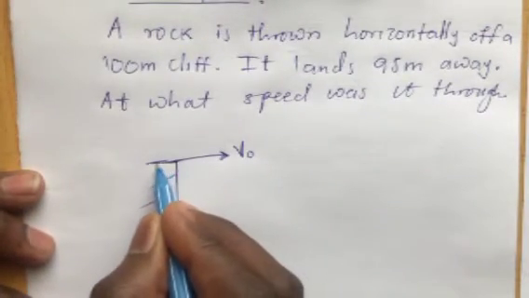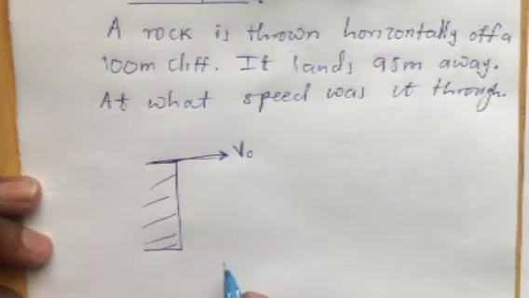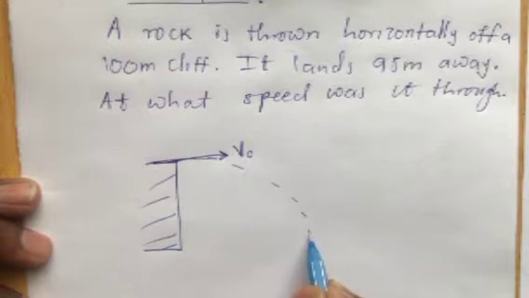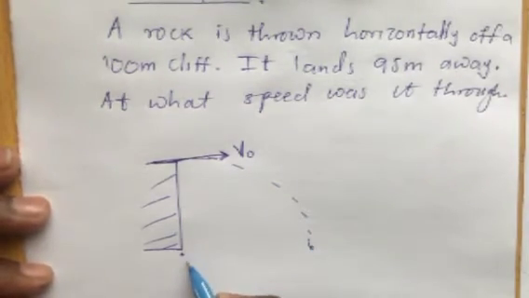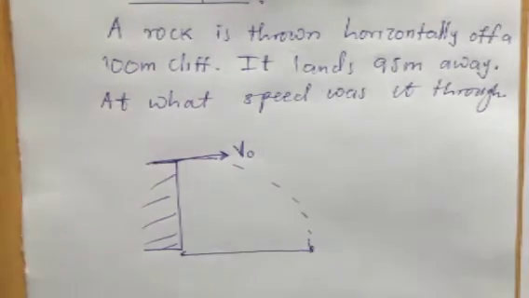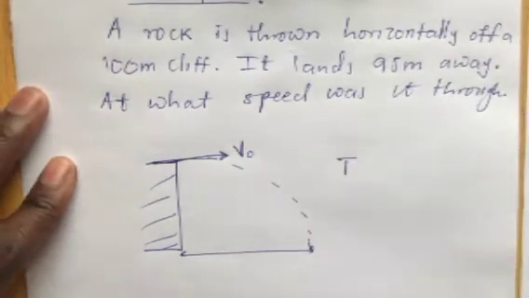If you throw this object horizontally, it can't just move on like this. No, it will move like this, then it will take that given path and land at this given point away from the cliff. You'll find that this object is not making a symmetrical path. Since it is not symmetrical, the formula for time of flight can't apply.